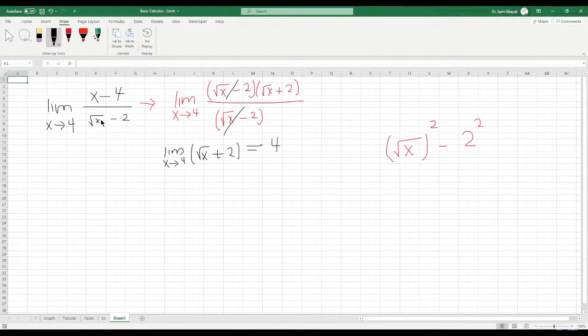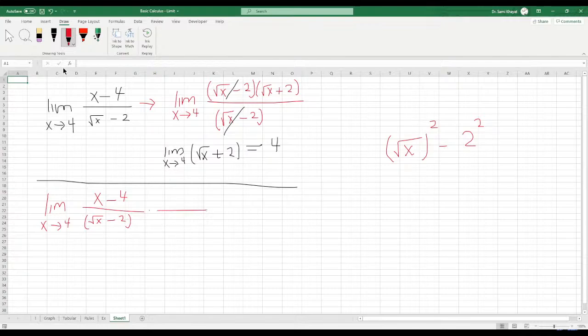You can solve it another way. If you want to solve it similar to the previous one, you still can. For example, you can say, I will solve it like this. Limit x approaching 4, and up is x minus 4. I will not touch it, but down I have square root of x minus 2.